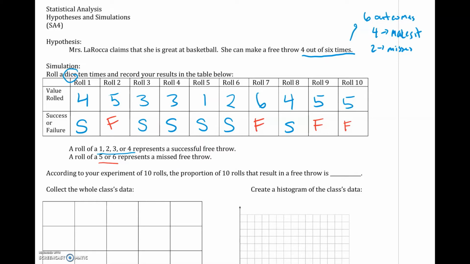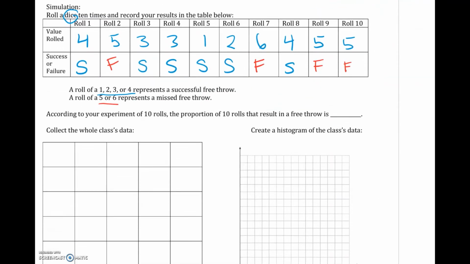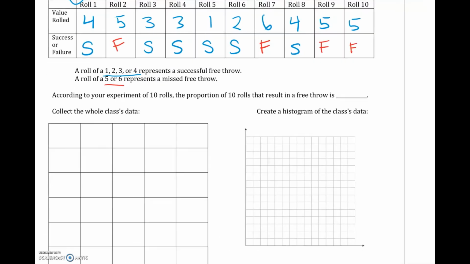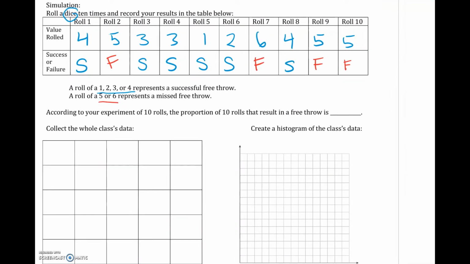So if we were actually in class, I would have you guys take out a dice and start rolling yourself. But before we do that, I should mention, we don't want to just look at these numbers as is. We want to talk about the proportion of successes. So we want to think about what percentage, or I should say probability, from our experiment gives us a success.